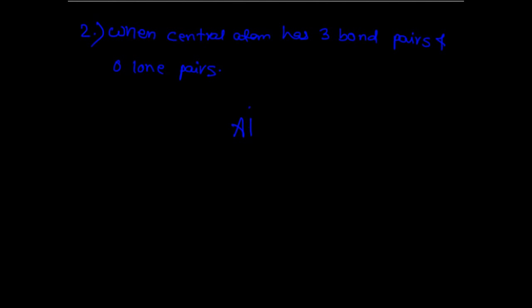Aluminum has 3 outermost electrons, and each of the electrons is involved in the formation of bonding. So we're not concerned about the other atoms, we're just concerned about our central atom. Since aluminum has 3 valence electrons and all of them are involved in bonding, there are no lone pairs.